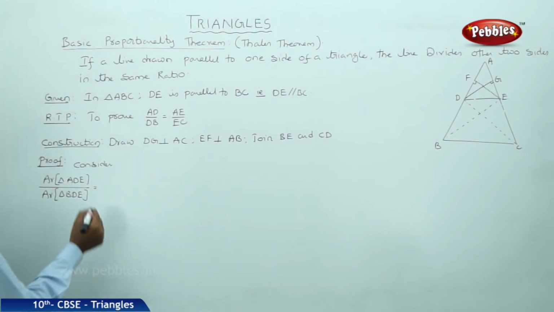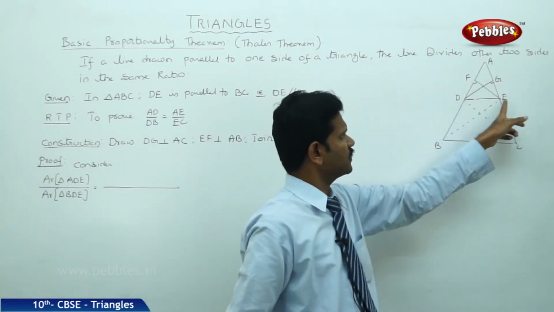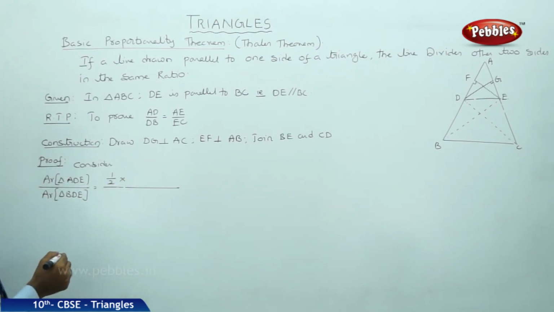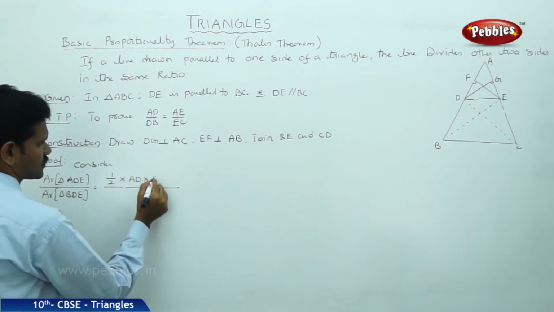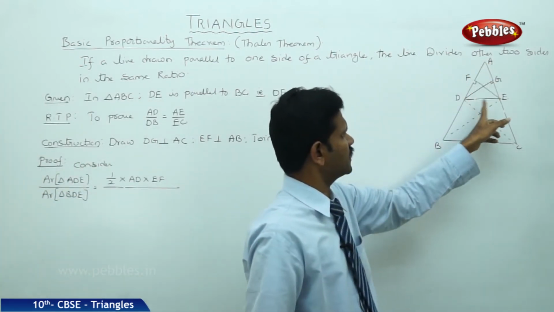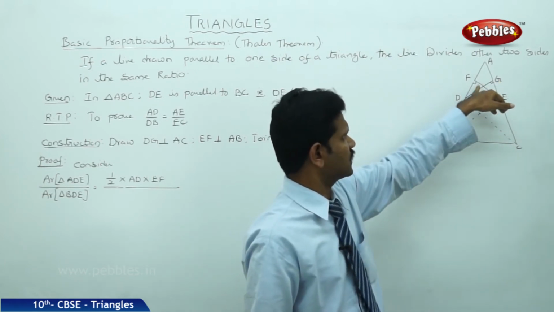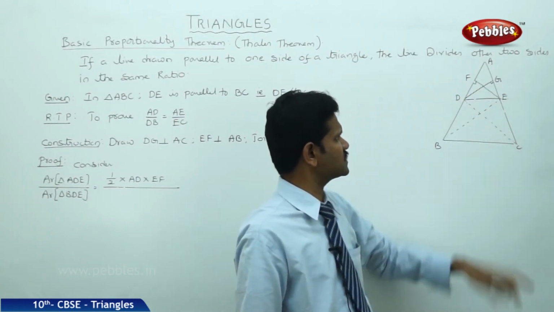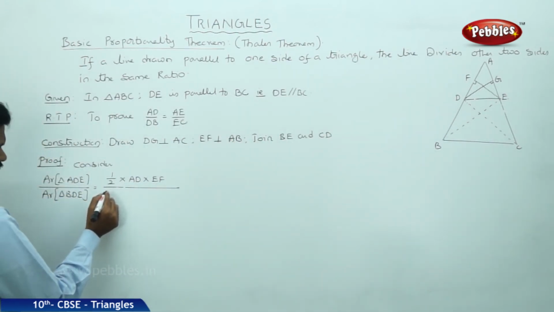Now consider ADE: half into base AD into height EF. That is, from triangle ADE you consider the extreme left as base, and the altitude standing on the base is the height. AD is the base and height is EF. Now let us consider triangle BDE.